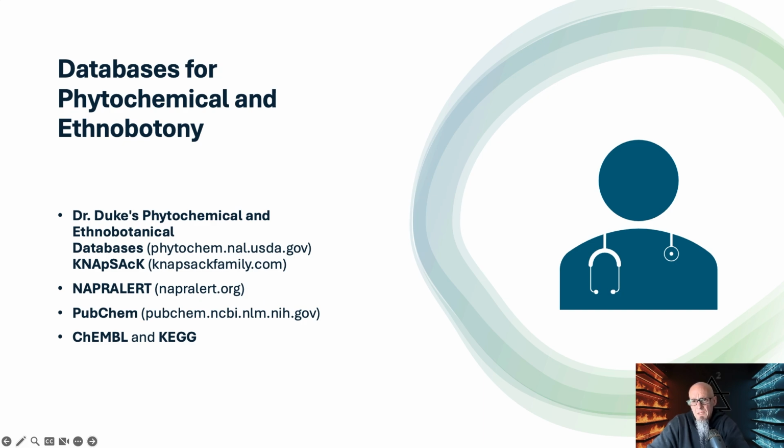PubChem allows you to look up individual components and their properties. It's often good for detailed extraction references. The last two are general bioactivity and metabolic pathway info for chemical compound constituents.